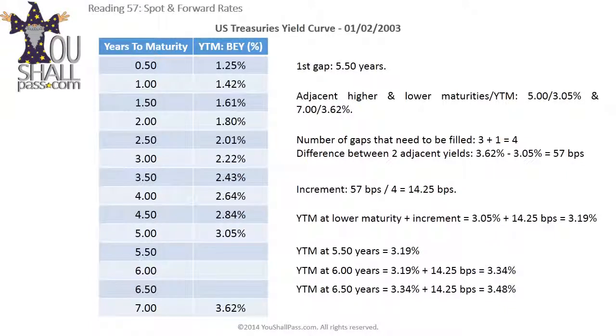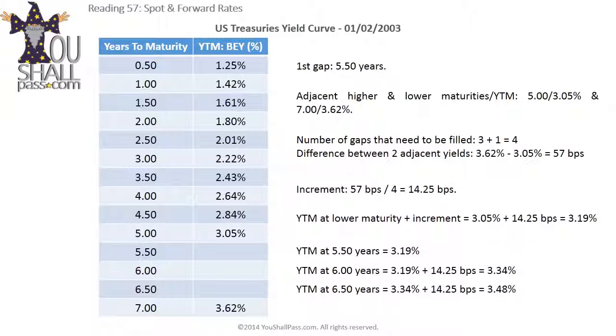We update the yield curve with our recently worked out YTMs, and then we come up to the next gap in the series, which is the 5.5 year maturity. Again, we look at the adjacent higher and lower maturities and the corresponding YTMs. We count the number of gaps and add 1.